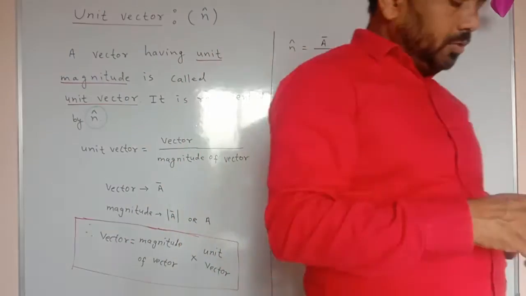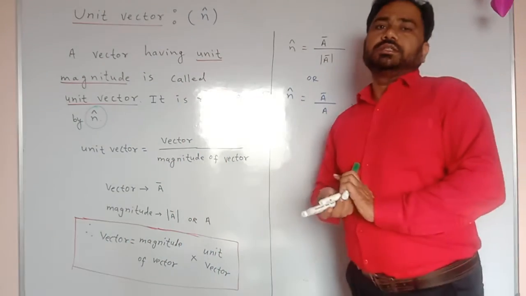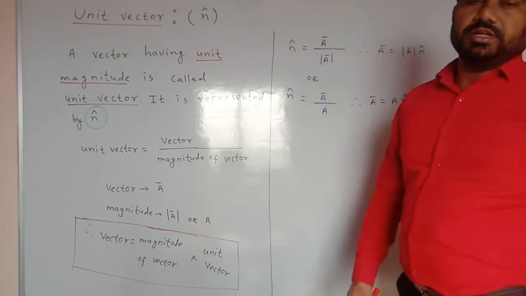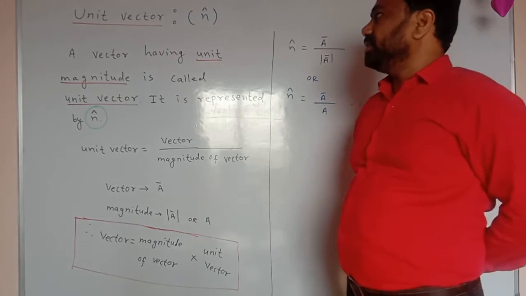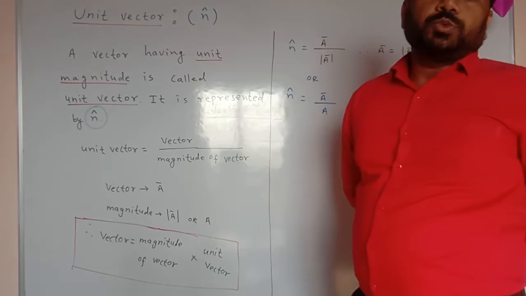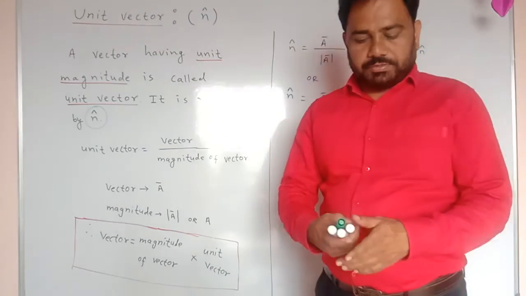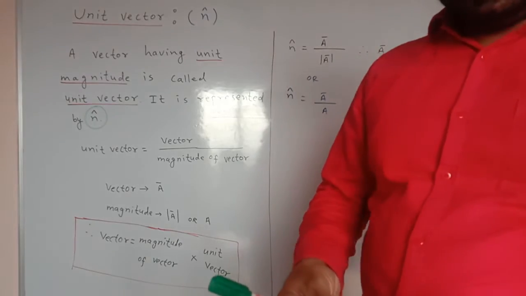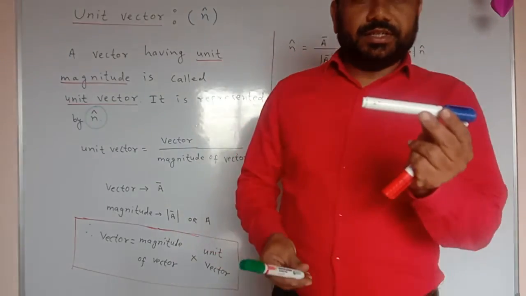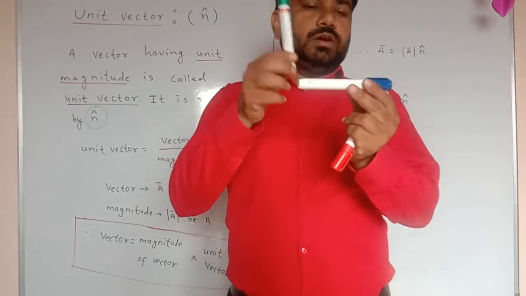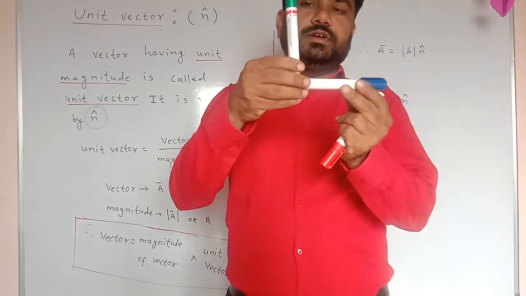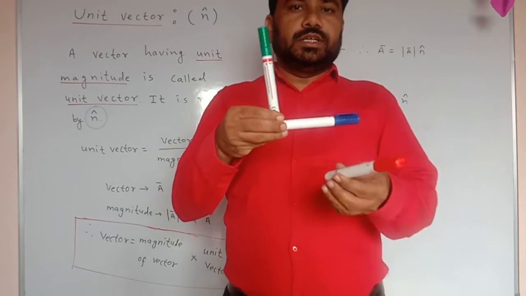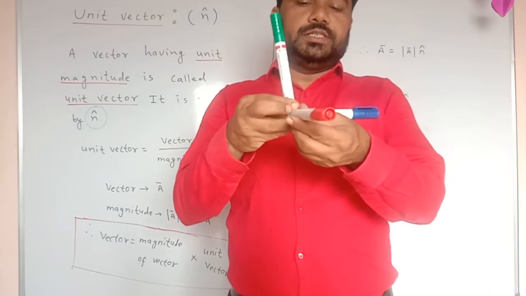Now the most important thing is about the rectangular units. We already know the Cartesian coordinate system, that is x, y, z. Three vectors are mutually perpendicular to each other. See here, this is the x-axis, the horizontal axis; the vertical axis is the y-axis; and the direction of the third axis is towards you.